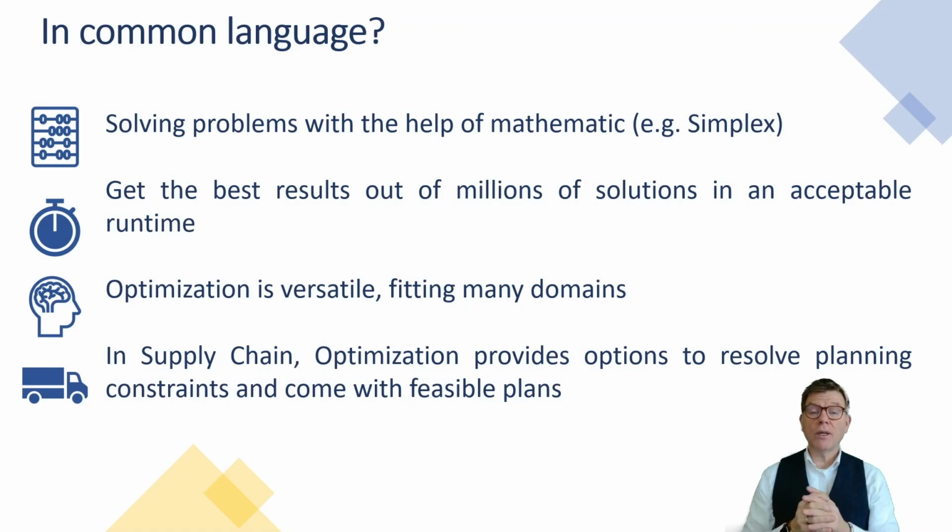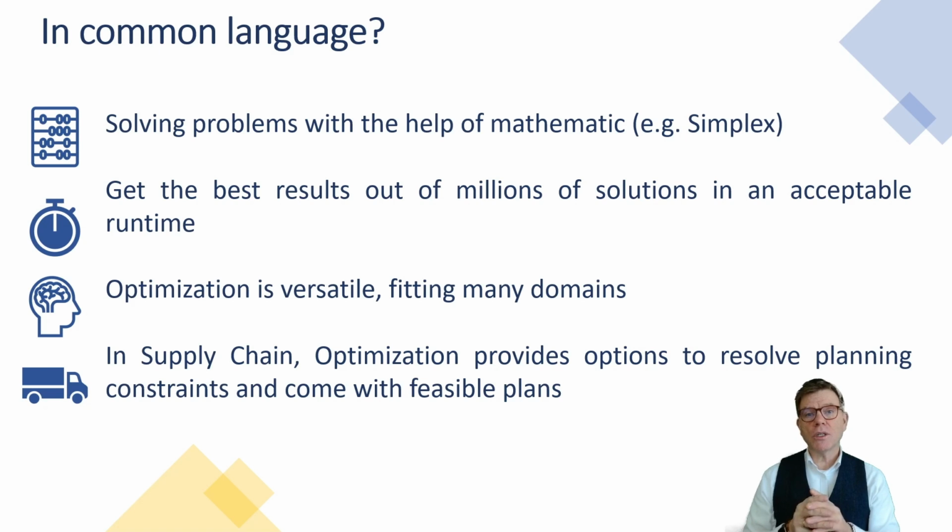In more common language, optimization is a bright way to use mathematics and algorithms to solve complex problems. As a second point here, it is a bright engine which can select out of millions of solutions the best one within an acceptable runtime of the optimization run job.